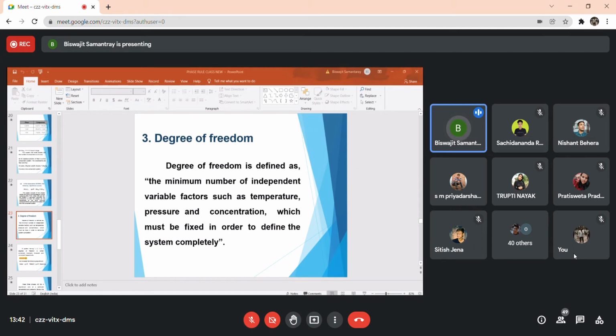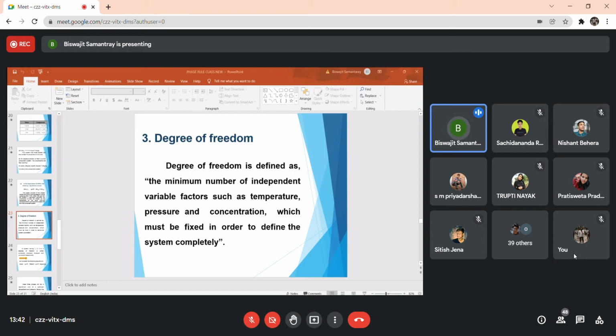That means the intensive properties like temperature and pressure. That is called the degree of freedom.